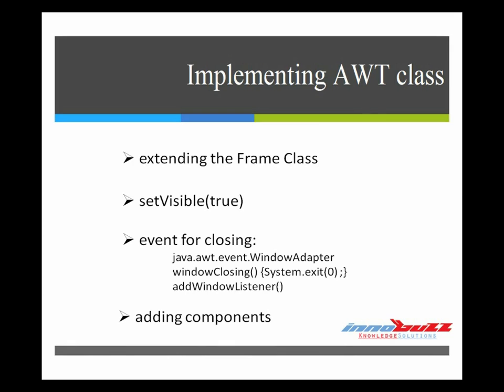We can set the size of the frame using the setSize method, and we can then add some panels, for example, which are also containers. So this way we can create a containment hierarchy on our frame, and we can set the position of the panel on the frame and also the other panels.